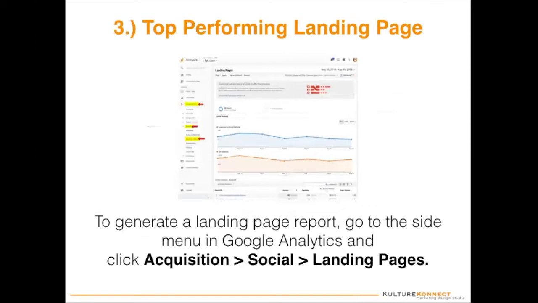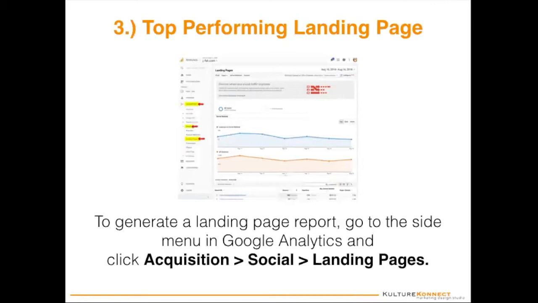The next and last one is top performing landing pages. And this is also very important, because if you're directing social media posts to specific landing pages on your website, such as your reservation page, gift card page, or your online ordering page, then it is very important to know this statistic. How many clicks do you get for your top performing landing page? Where did major traffic come from?